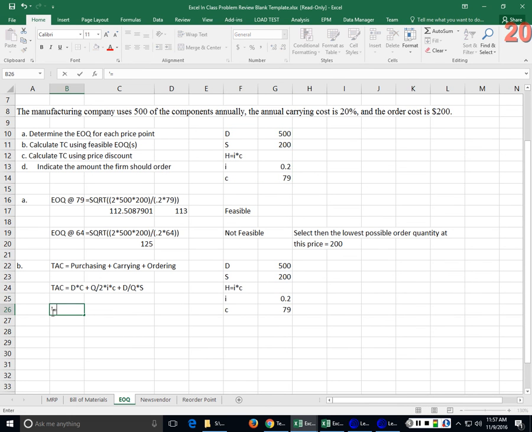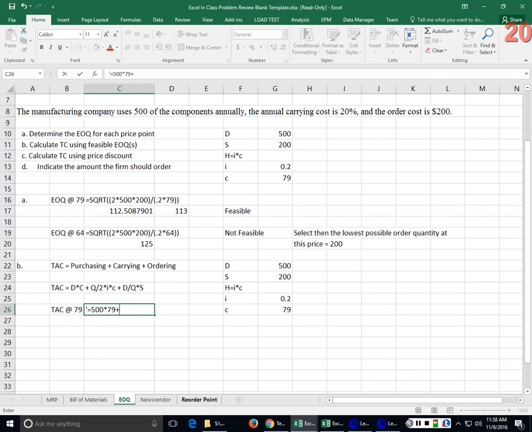So I would put in then for that equation, for total annual cost at $79 at that price, it's going to be annual demand of 500 times the cost, so it becomes a plug and play, right, times 79, plus my quantity. So what's my quantity at this price?